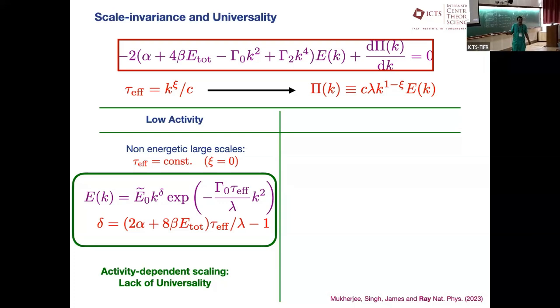You plug it into your closure model, and then you get an explicit expression for the energy spectrum. And that explicit expression also buys you, without much trouble, the scaling exponent delta, which is certainly alpha dependent. It's not like your minus 5/3, which, at the level of theory, is not a Reynolds dependent object.